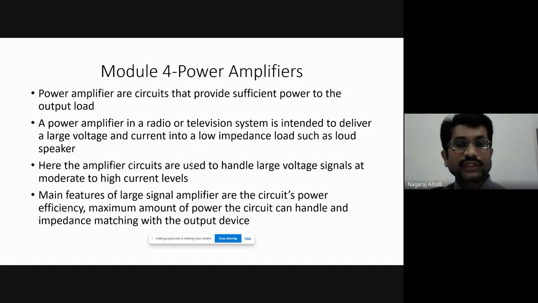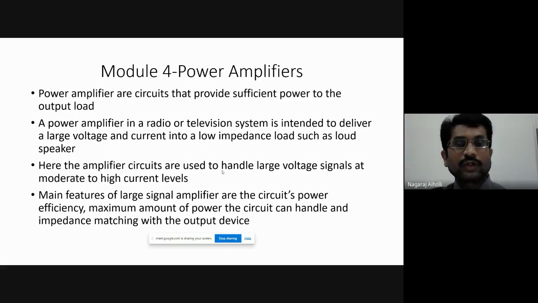There are certain features of power amplifier circuits. One feature is power efficiency. Efficiency, as we know, is the ratio of output to input. So power efficiency is the ratio of output power to input power.